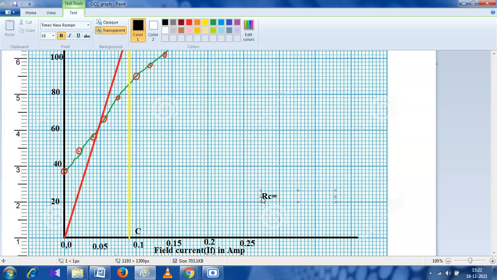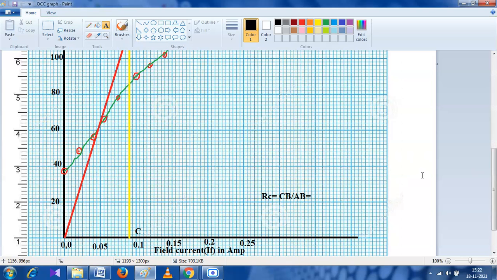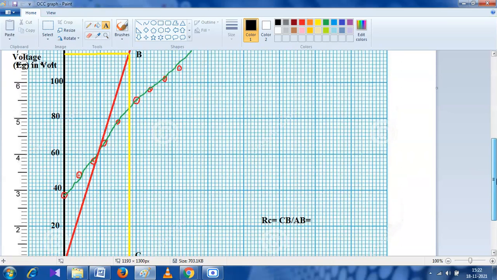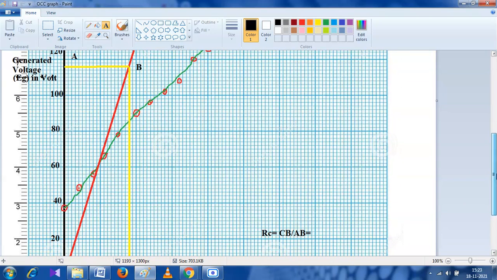The value of RC. अब slope कैसे निकालते हैं? How to determine the slope of that RC curve?